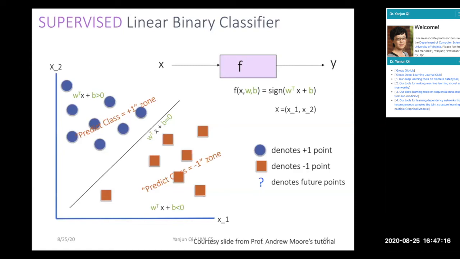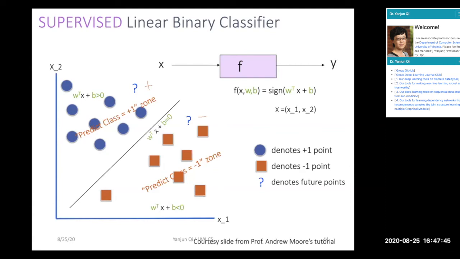The final goal, in fact, is I want my line to truly predict the future points well. If they are in the positive zone, they are going to be predicted as positive. If they're in the negative zone, they're going to be predicted as negative. To be able to predict on future points well is called generalization.